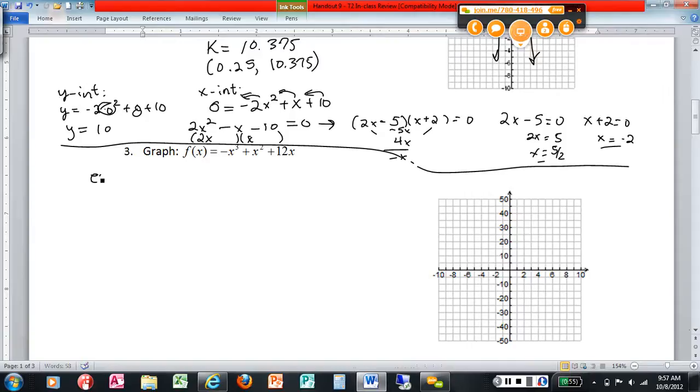What end behavior do we have on a third degree? One of them's up, one of them's down, right? They alternate. One end's up, one end's down. Now, if it's a negative x cubed, which ends up, which ends down? Left end up, right end down.